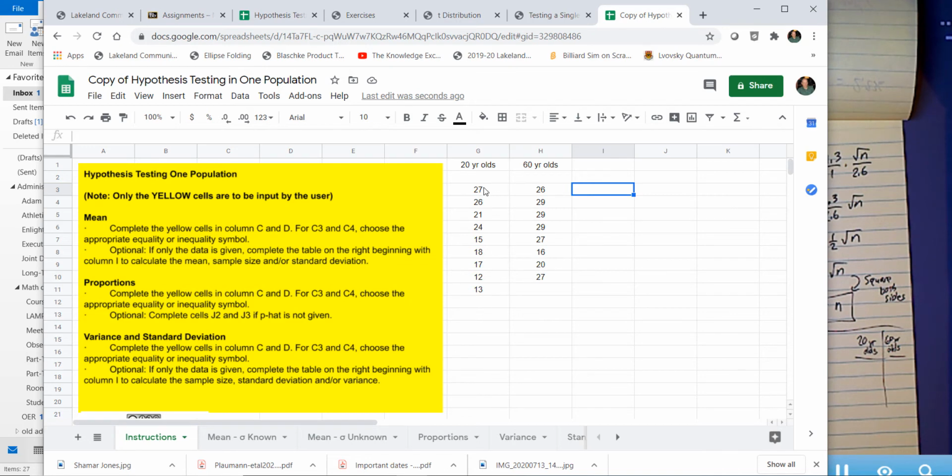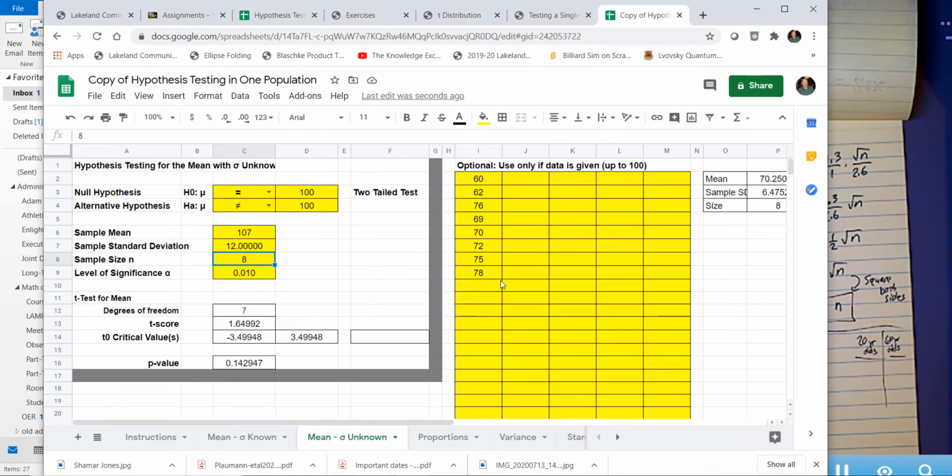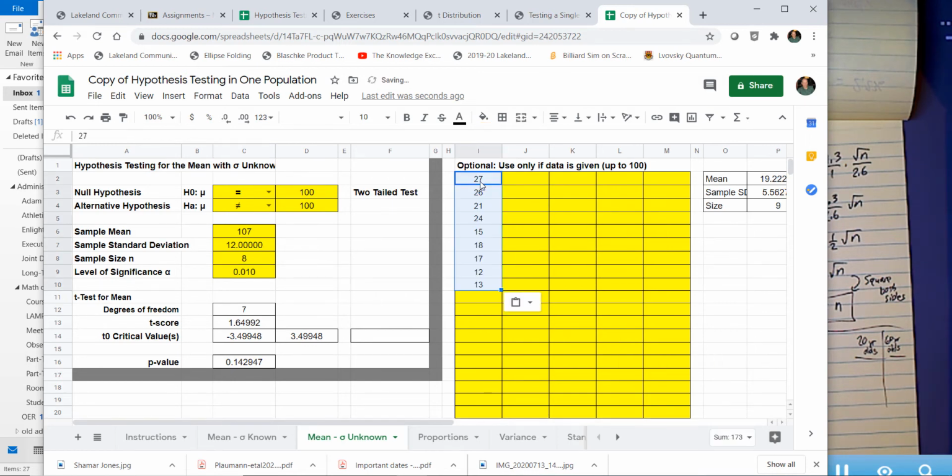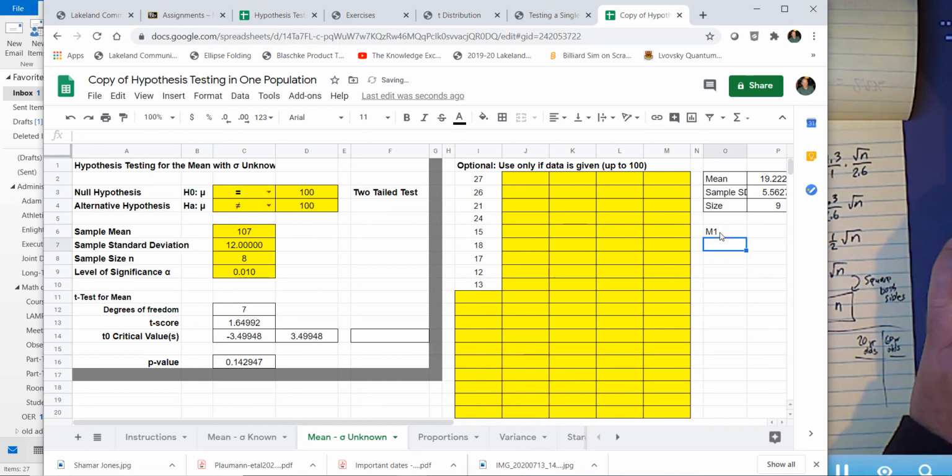So if I compute the mean of those, let me go to where we were before. So now there's 9 data values and the mean is 19.22.